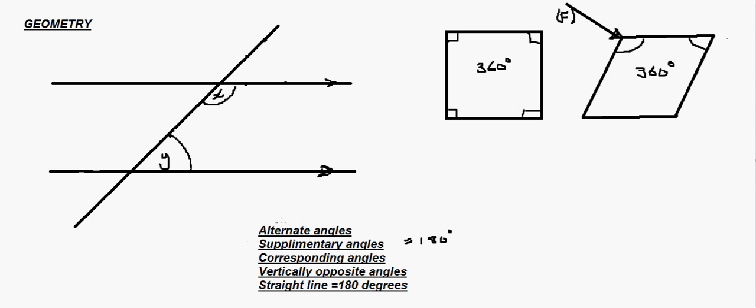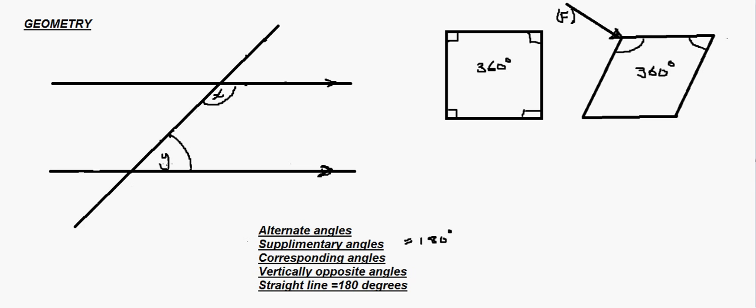So these are the terms that you need to know. You need to know alternate angles. These are angles that jump the line. Supplementary angles are these internal angles here. Corresponding angles are whatever happens here and happens here, then this corresponds with this.